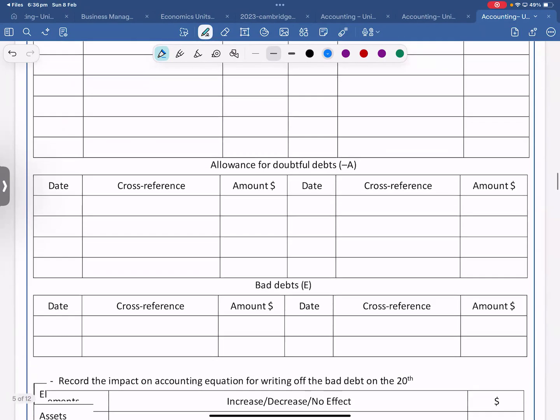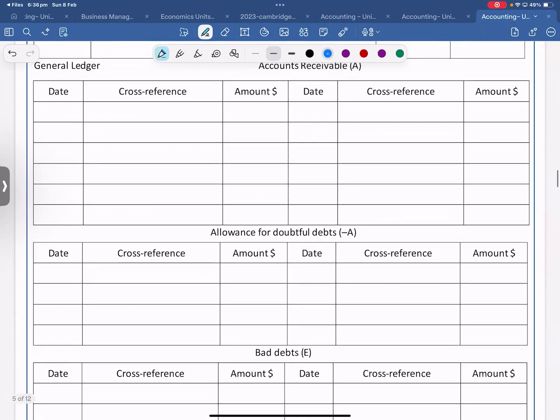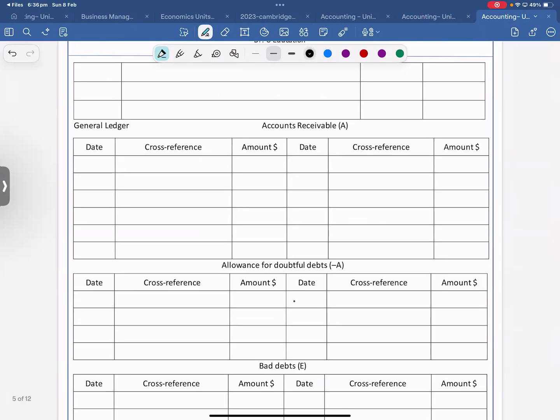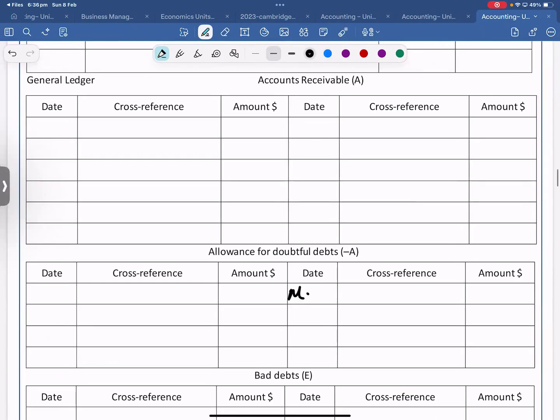Allowance for doubtful debt. Please start with the balance. What's the opening balance? March 1st. Opening balance was how much? 2,750, as I remember.